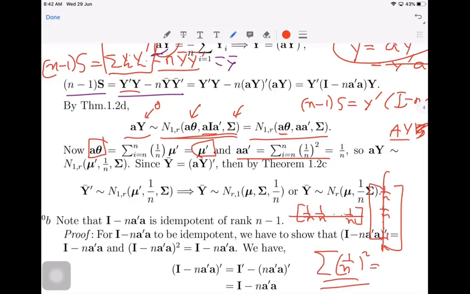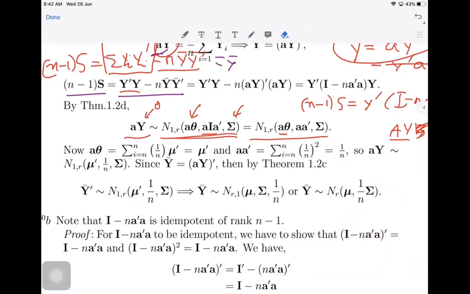So you will have n times 1 over n squared, or just equal to 1 over n. So that's why it's equal to 1 over n. So if we look at the distribution of AY, this will be normal with a mean vector mu prime. The A A prime here is just 1 over n and sigma.